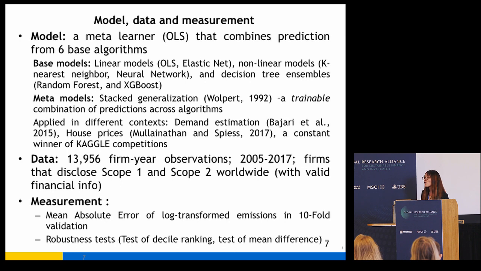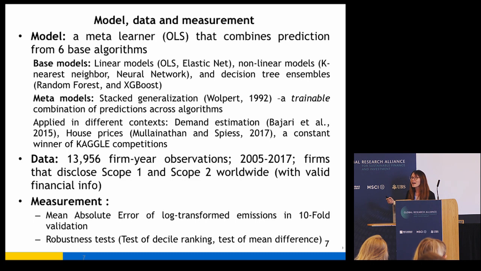The base models that we are using here are the very basic ones from every machine learning paper, and that includes linear regression, that is OLS, and elastic net. Then we also have a non-parametric model like k-nearest neighbor, a non-linear model like neural net, and we also tried ensembles of decision trees, that is random forest and gradient boosting. Those are the base models that we are looking at.